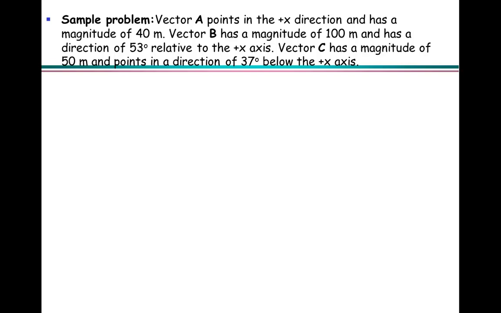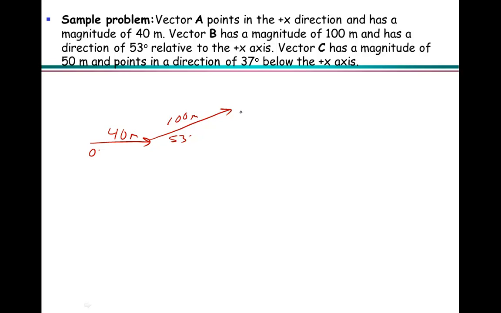We've got our particular vector that goes 40 meters in the positive x direction, so that would be directly to the right, or at 0 degrees. Then it goes about 100 meters at 53 degrees. And then finally, it goes 50 meters, 37 degrees below the x-axis.